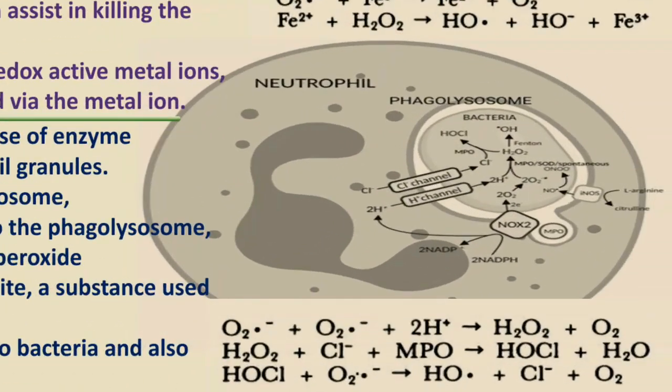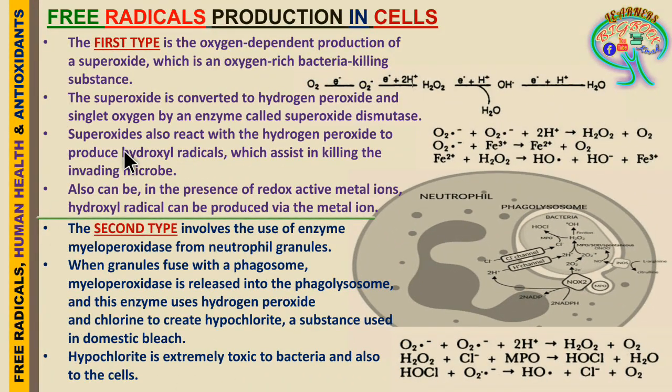So these are the two types of oxygen dependent production of free radicals: the superoxide, hydrogen peroxide, hypochlorite, or any other form of free radical. Now this is the accidental type of free radical production during metabolism within the cells.